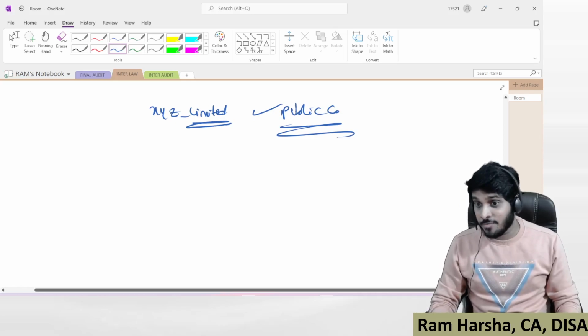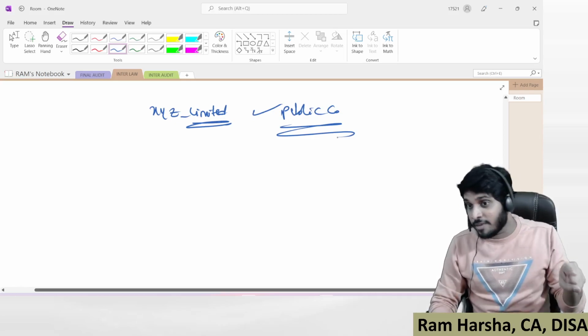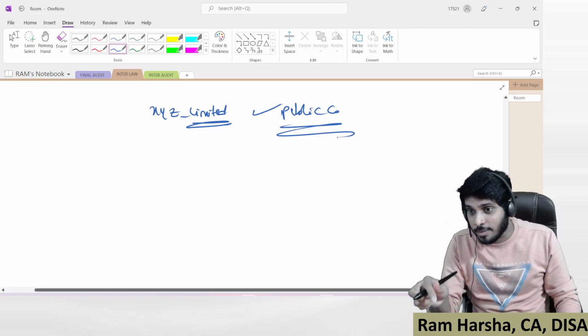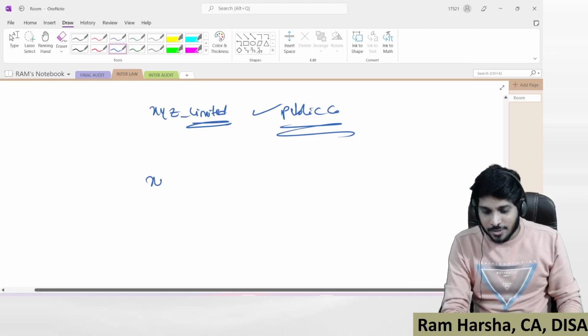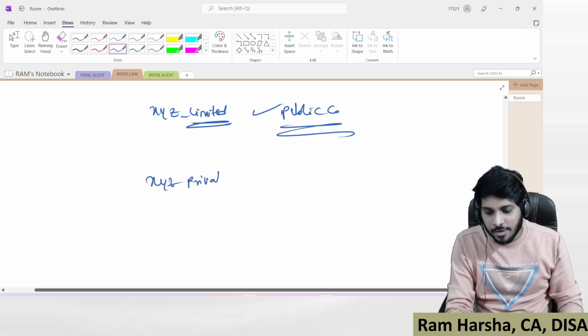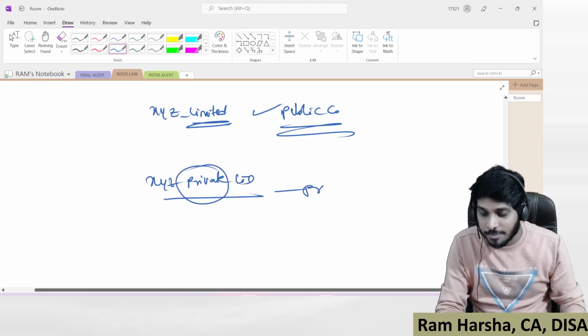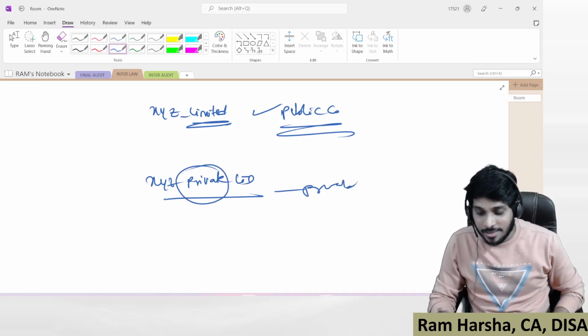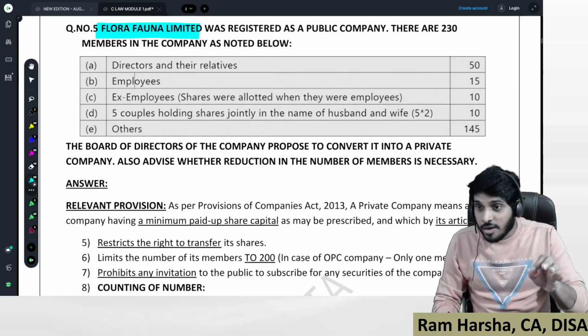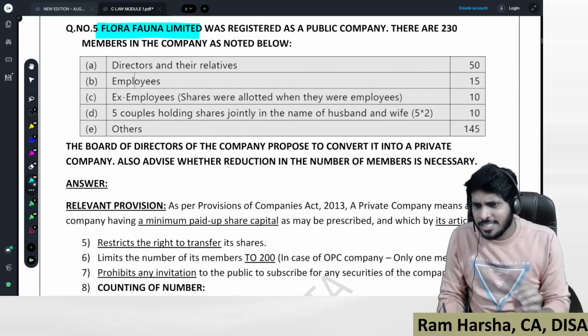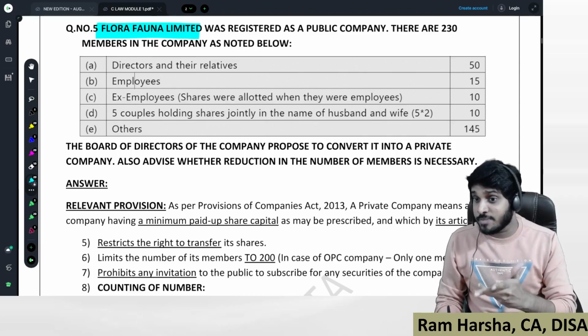Sir, which means for a private company, the word private will be there? Yes, exactly. XYZ Private Limited. If the word private is clearly there, then it's a private company. Very simple. Now tell me, in this example, Flora Fauna Limited, is it a public company or a private company?